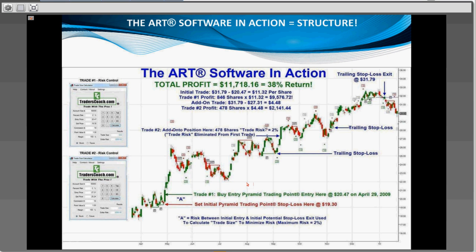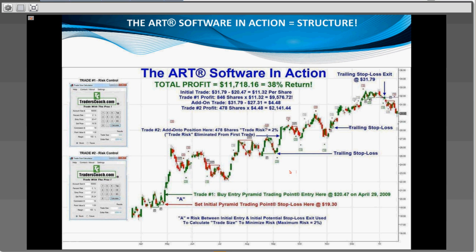I'll circle it, but my arrow's not that big, so I don't know if you can see it. Break even, okay. Anybody else? Down, okay. All right, the trade risk on the first trade is actually gone, because now if the new stop loss area is hit, you'll make a profit on the first trade, right?